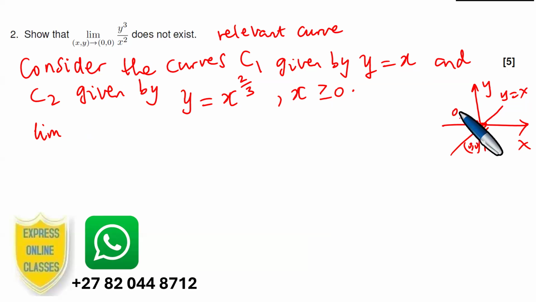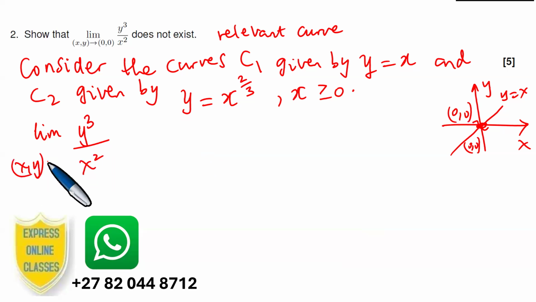What about this y cubed over x squared, the one in the question, the function that we should show the limit of, as x and y approach 0 and 0? You're saying this one? Yes. So we don't look at this in the meantime.